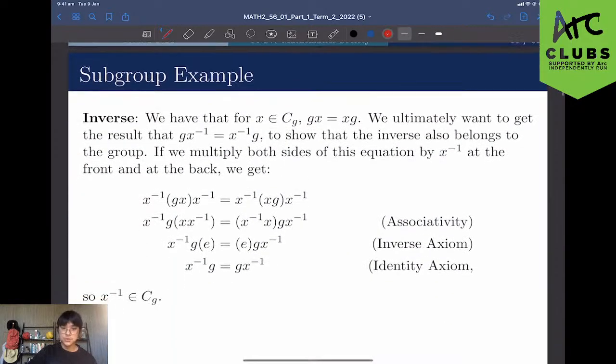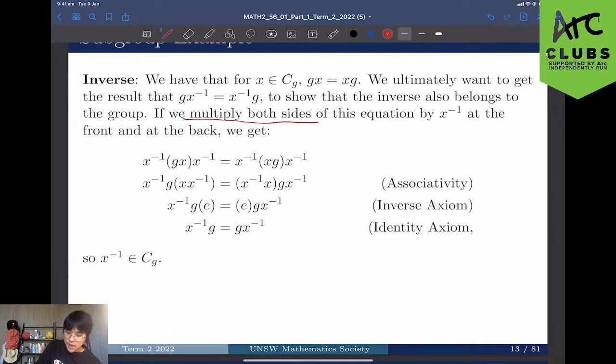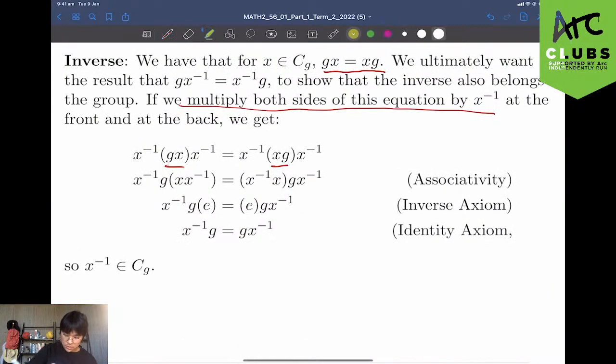So what we actually do is we multiply x inverse onto both sides of this equation, gx equals xg, because once we do that, one side is going to neutralize the x that we don't want, and one side is going to have the x inverse that we want. And a similar thing happens on the other side.